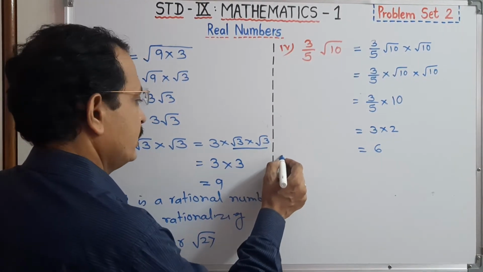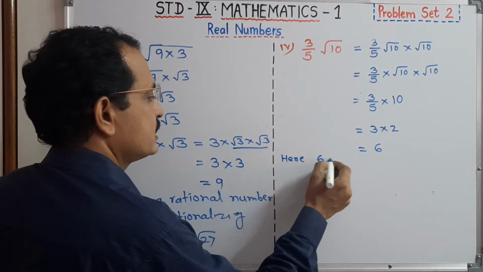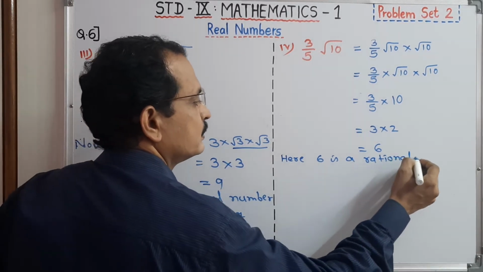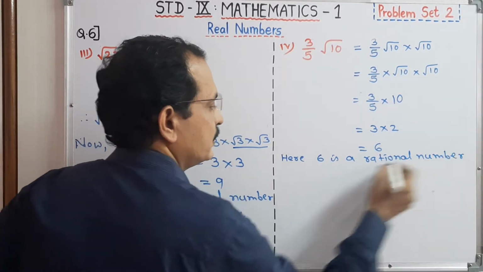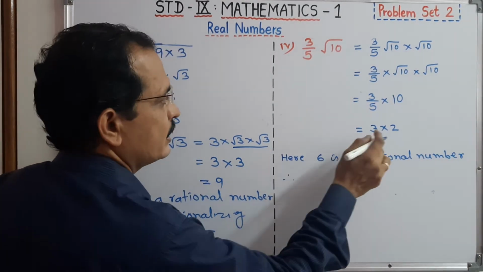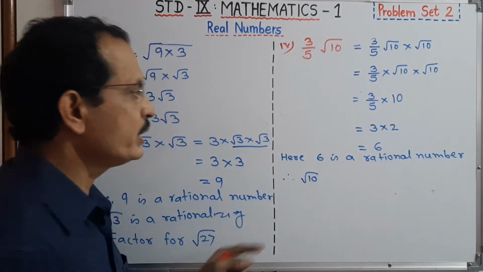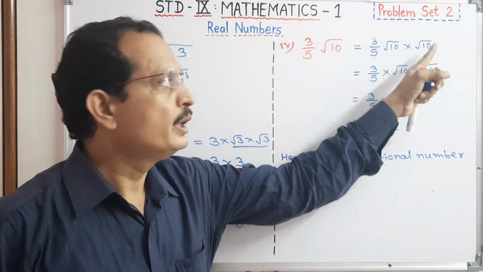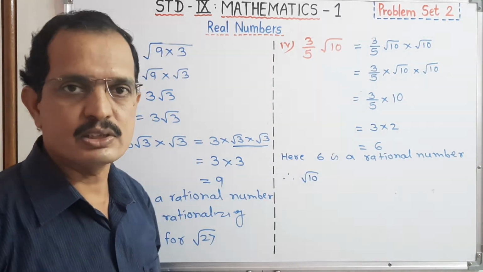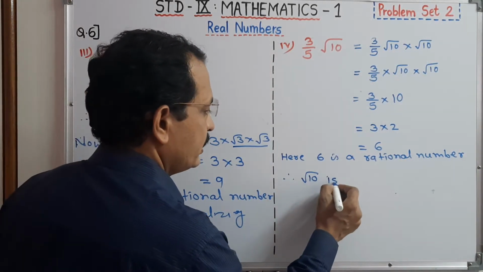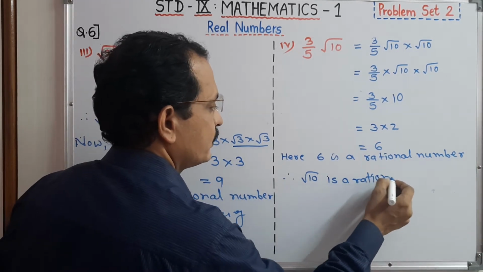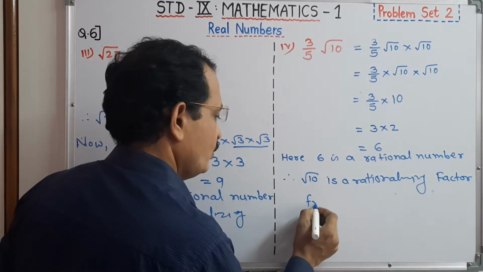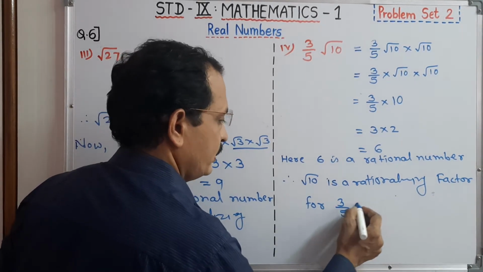Therefore root 10 is known as a rationalizing factor for 3 upon 5 root 10.